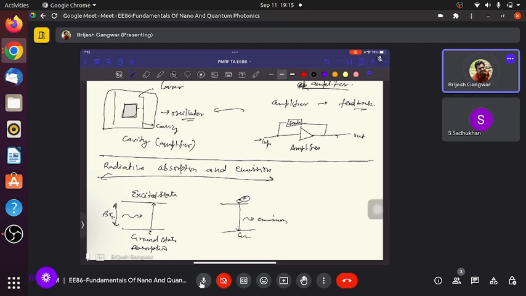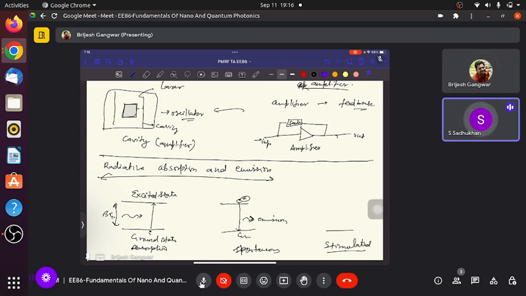But this emission is divided into two parts: either it can be spontaneous, or it can be stimulated. So what is the difference between spontaneous and stimulated emission?